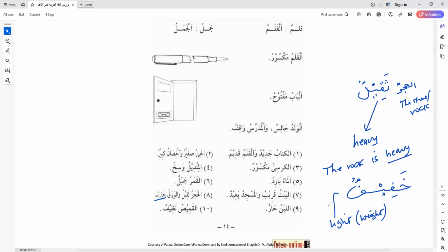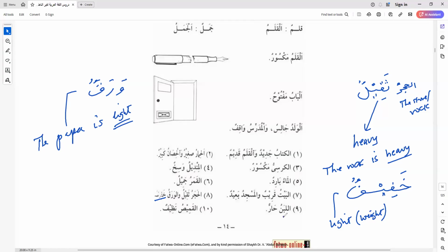Wal-waraqu khafifun. And the waraq. Waraq in Arabic is paper. The paper is what? Khafifun, light. That is in weight. It's not heavy.